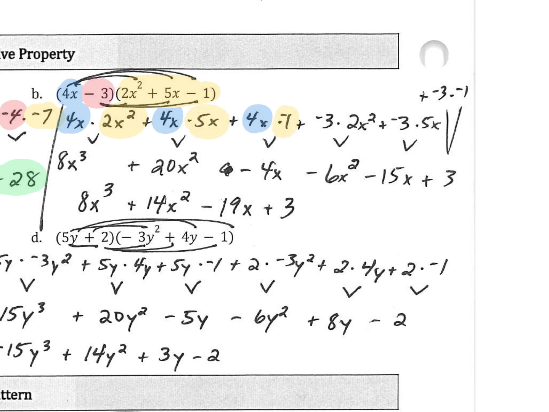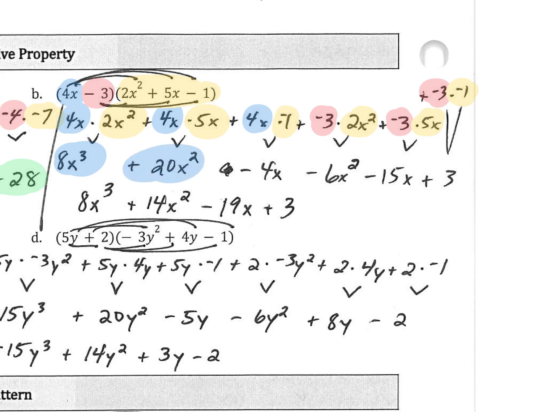Then we have this negative 3 that needs to get multiplied with all 3 terms in yellow. 2x squared, 5x, and negative 1. Now we need to actually do the multiplication. This first step, we were just showing what we need to multiply. 4x times 2x squared is 8x cubed.